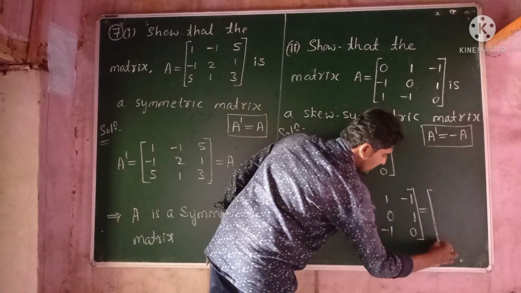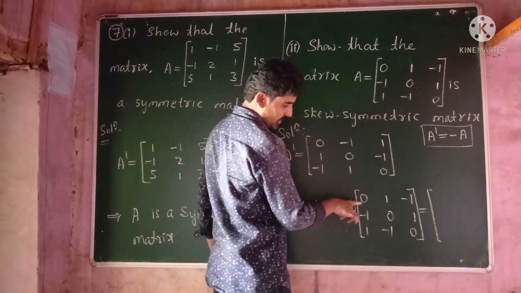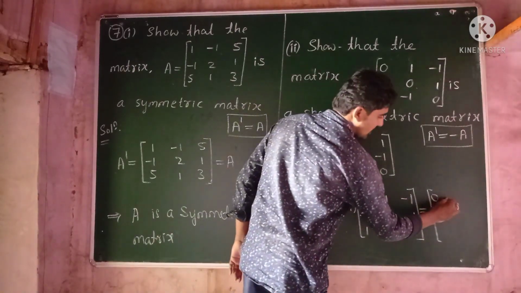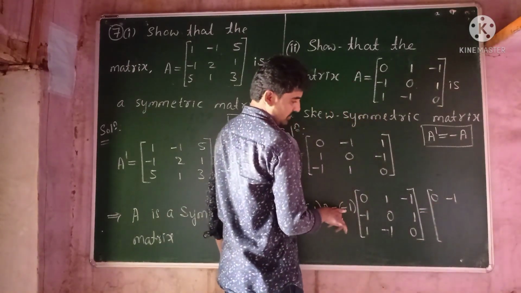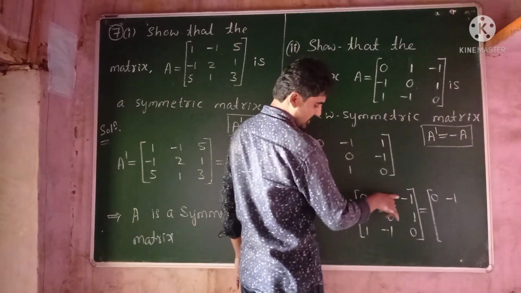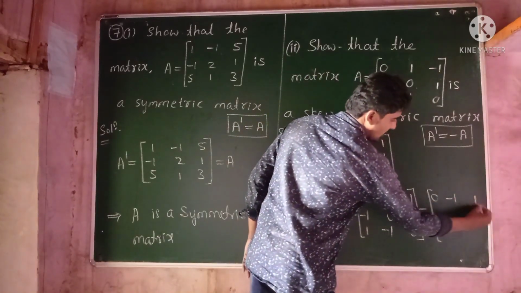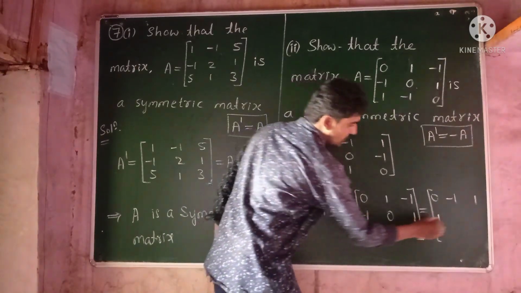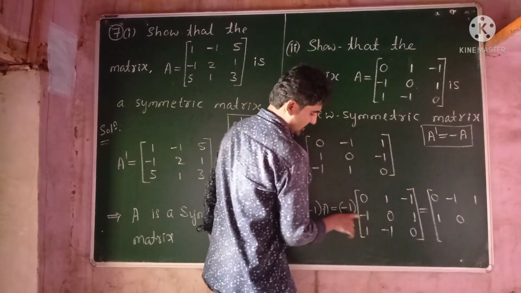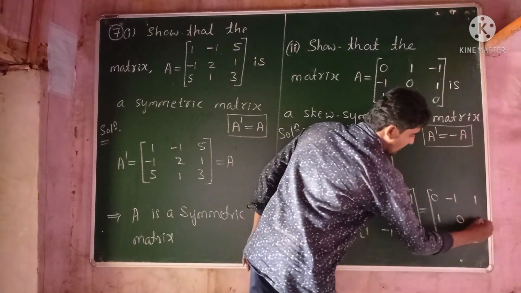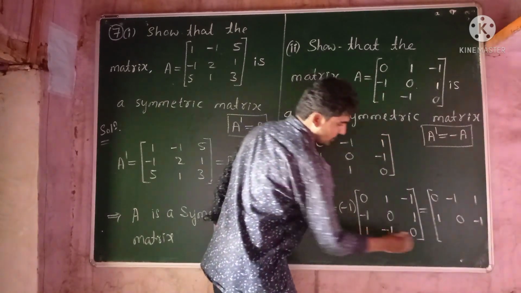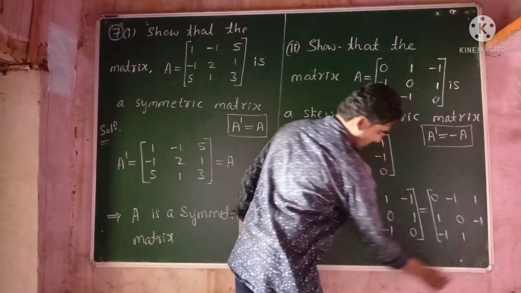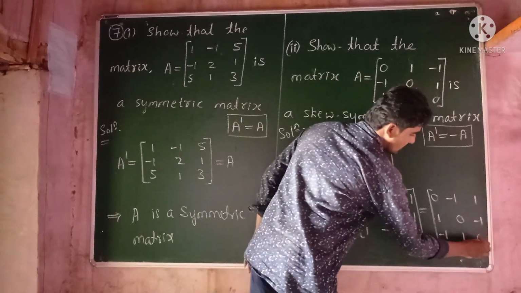Now minus 1 into matrix A is minus 1 into 0, 0, minus 1 into 1, minus 1, minus 1 into minus 1, plus 1, and so on: minus 1 into 0, 0, minus 1 into 1, minus 1, minus 1 into minus 1, plus 1, minus 1 into 0, 0.